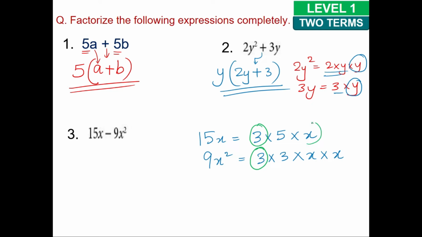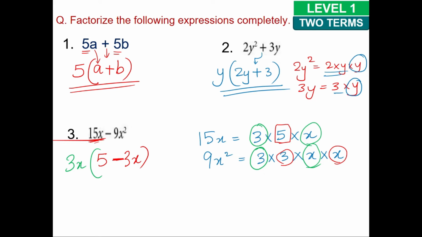Any other term? Yes, you have an x there. So 3x comes outside the bracket, and in 15x what is left is a 5. So you have 5 inside the brackets, minus, you have already taken the common factor, so the remaining is 3 and x. So 3x comes here.